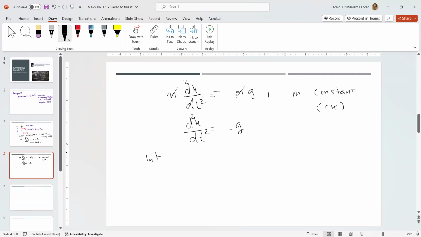Then integrate to go to the first derivative, and that's going to give us negative gt plus the constant of integration, c1. Then we'll integrate again.